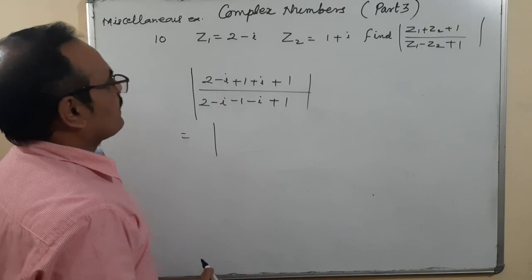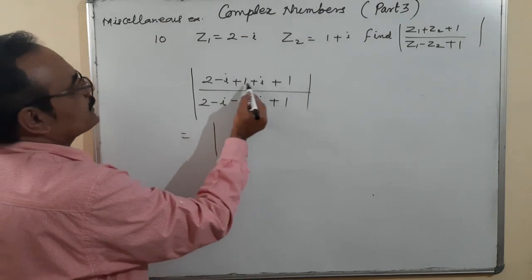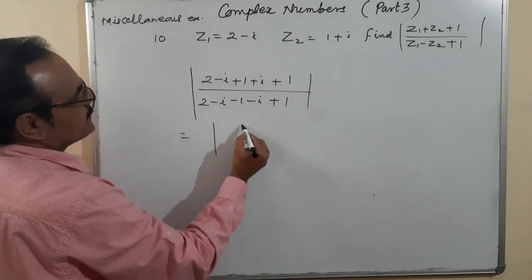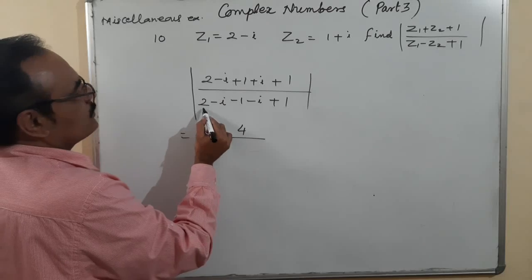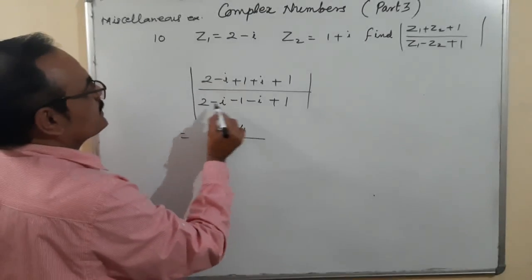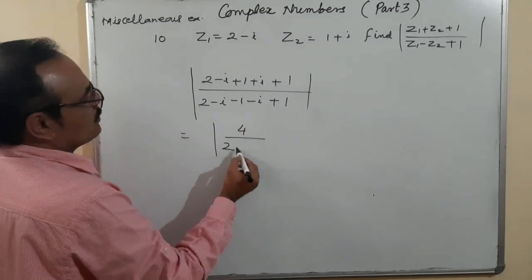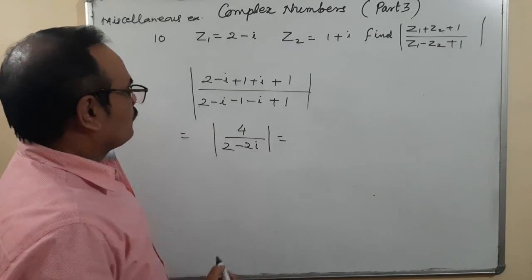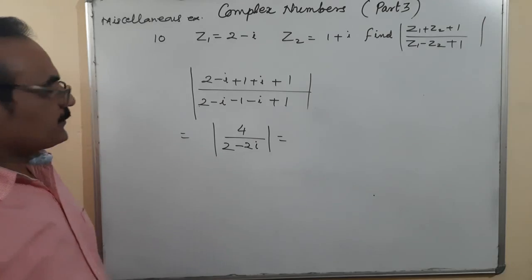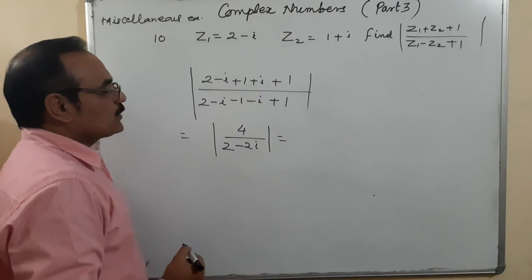We can collect the like terms. 2 plus 1 is 3, plus 1 is 4, the i's cancel. So 4 upon 1 minus 1 plus 1, which cancels, giving 2 minus 2i. So it is 4 upon 2 minus 2i.